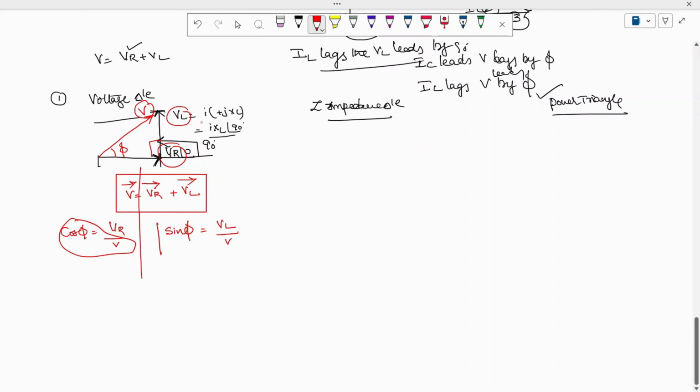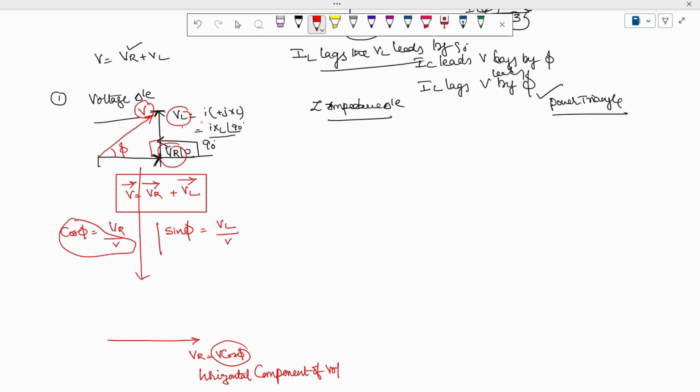The same triangle is replaced like this, and the horizontal line with the value of VR is equal to V cos phi, where this is called the horizontal component of voltage.